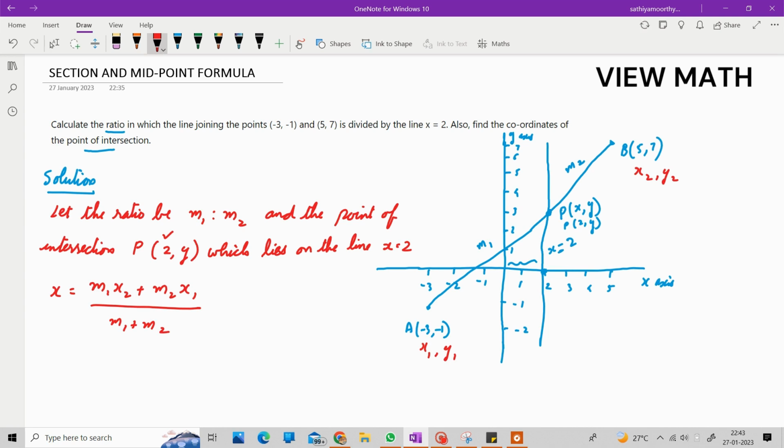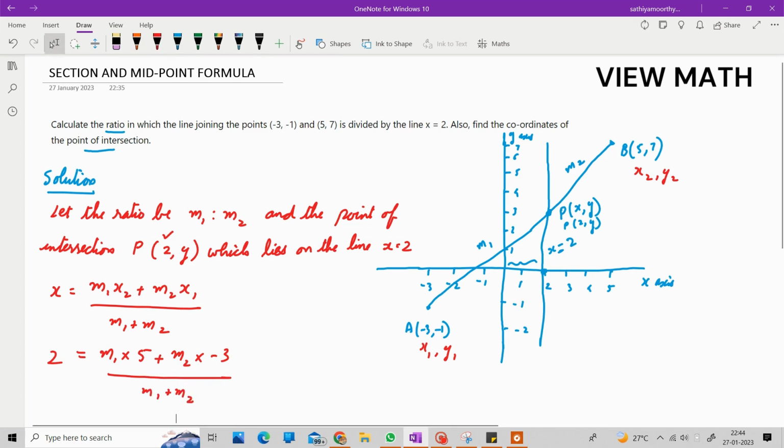If you start from A, this is your (x1, y1) and this is your (x2, y2). Now x value I know it is 2, m1 I need to find out. Now x2 is 5, plus m2 times x1, which is minus 3, divided by m1 plus m2.